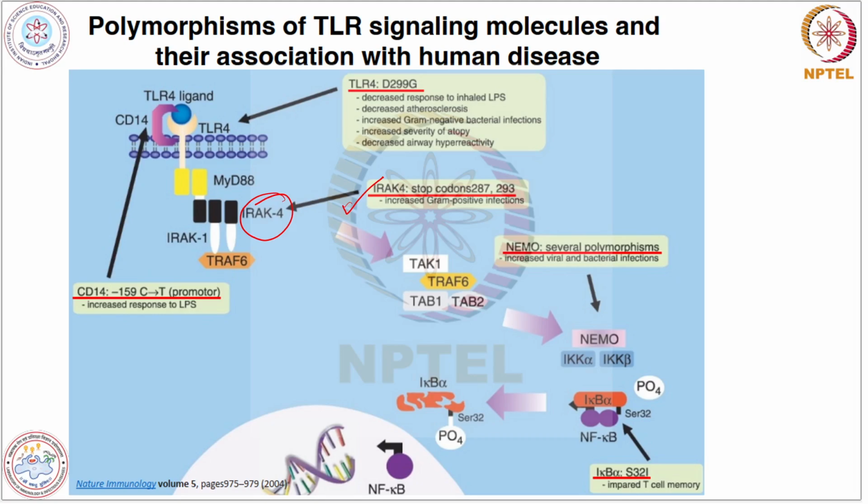So what happened when the stop codons at 287 and 293 got mutated? These stop codon mutations mean that protein synthesis will end prematurely, and it will lead to a non-functional or truncated IRAK4 protein. So this will disrupt the further downstream signaling of the TLR and interleukin 1 receptor, which will make the immune system unable to respond to infections.